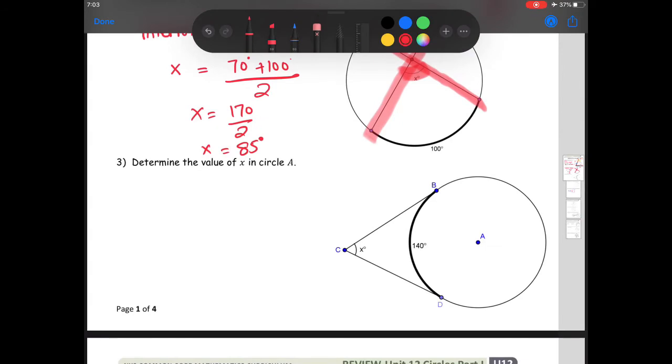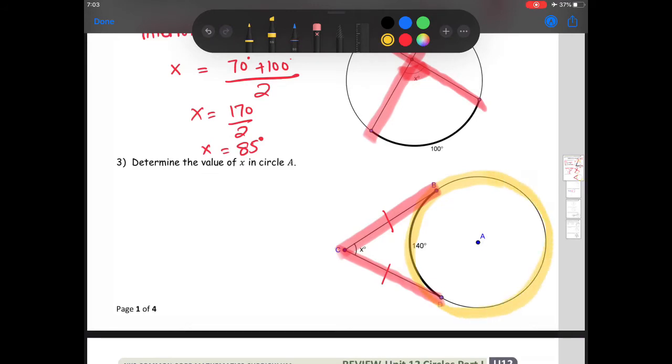We already talked about the same property in one. We know these two are tangents to the circle, right? CB and CD are tangents, so they are going to be congruent, right? Just looking at the picture, you should be able to tell. It says determine the value of x in the circle. Okay, you know the whole circle around is what? 360 degrees. This whole circle around is going to be 360 degrees, right?